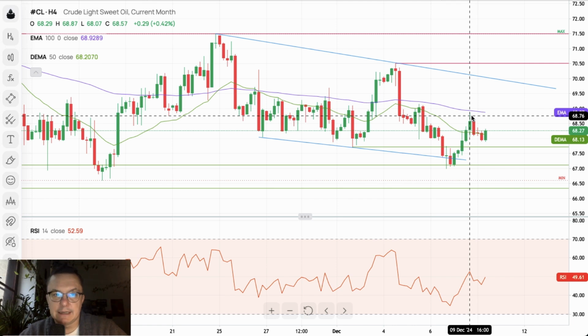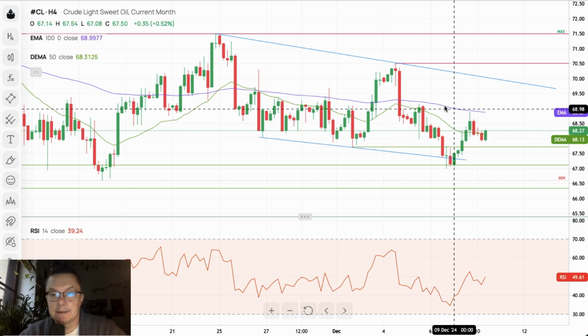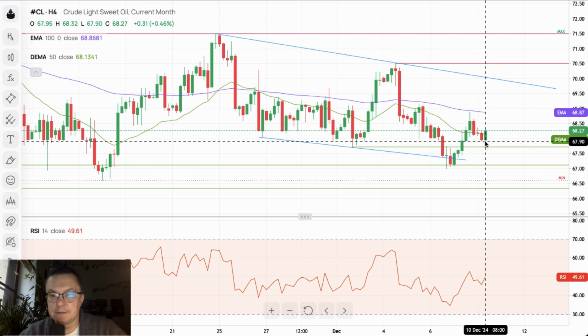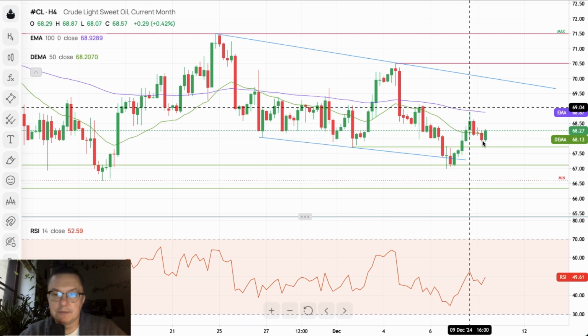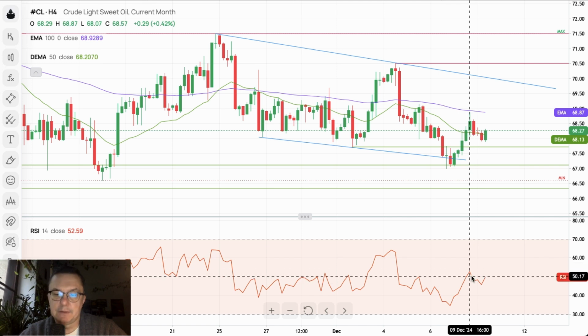We went as high as 68.87, and then a bearish engulfing pattern was made with a local low at 67.91, because the market couldn't break above the 100 periods moving average on the 4-hour chart, roughly around 68.87, and the 50 points level at the RSI.